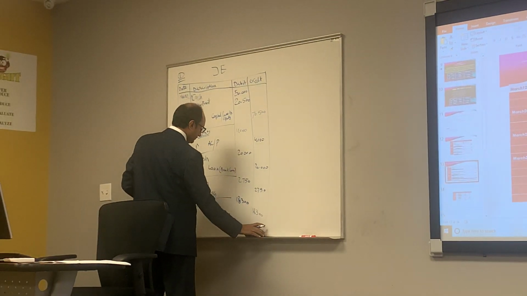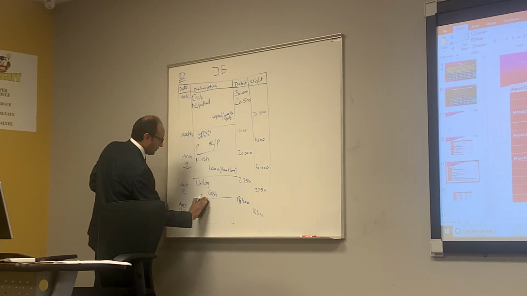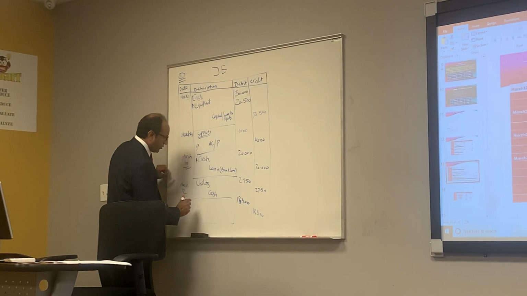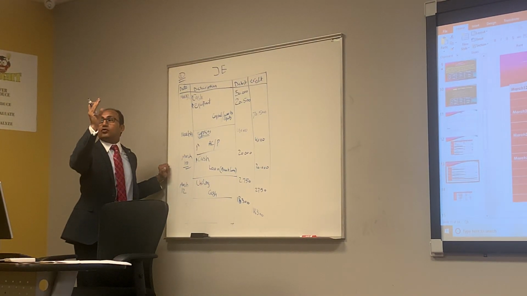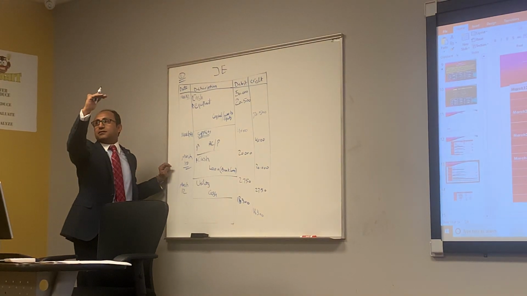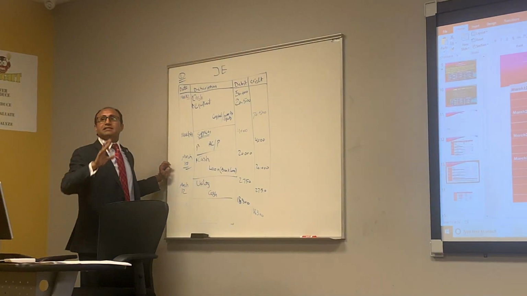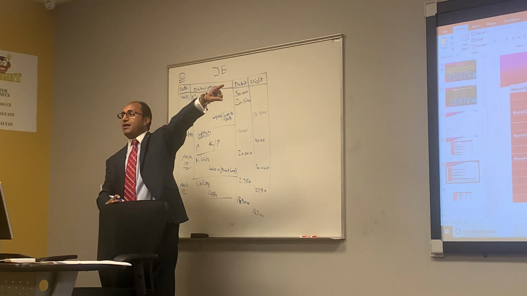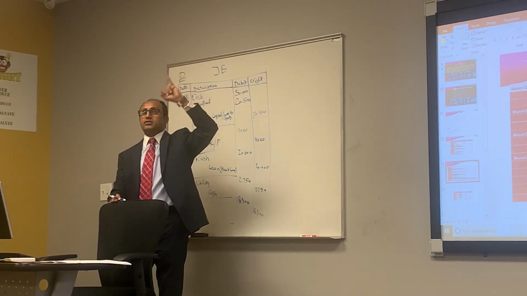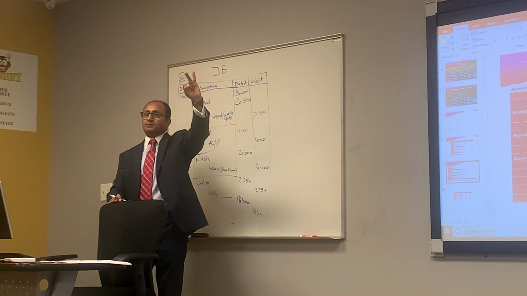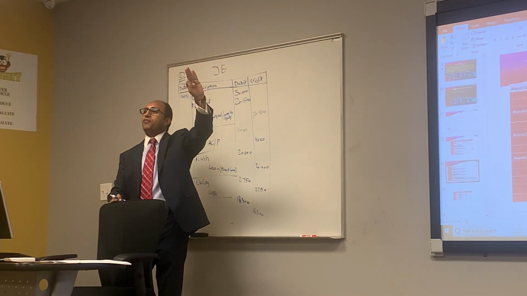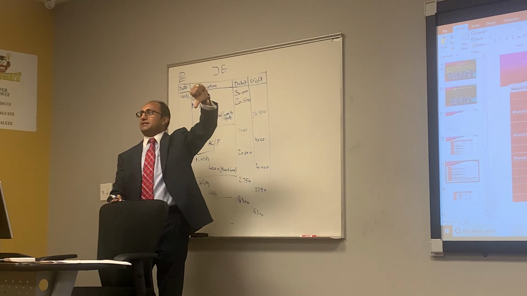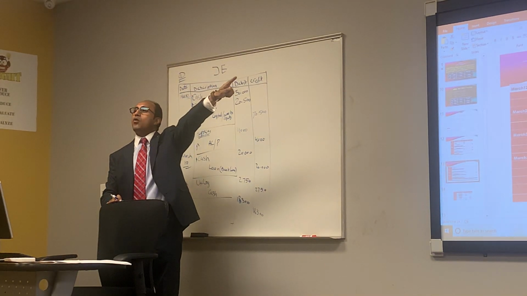Let's see here. Withdraw, as I told you, utilities, dividends. Withdraw, you have to record on the debit side, because this affects the owner equity. Withdraw, utilities, dividends, you have to record on the debit side, affecting owner equity.